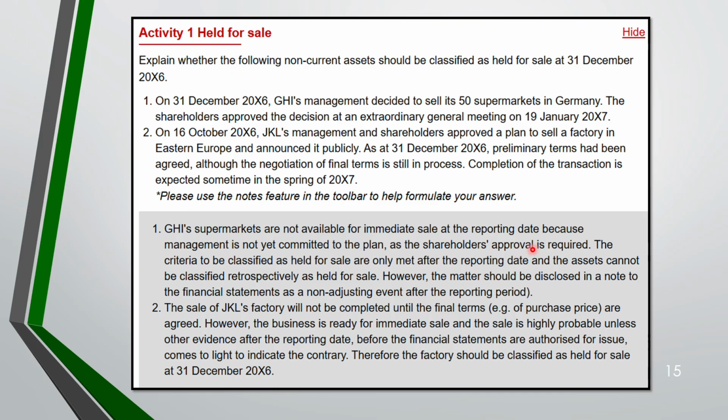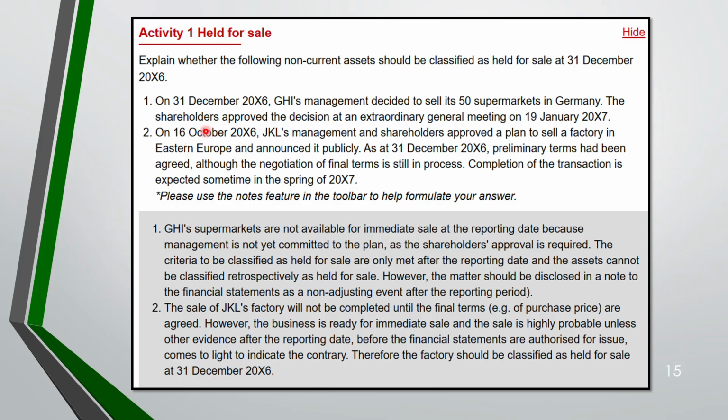They did not get the shareholders' approval. So the criteria to be classified as held for sale are not met, but they are met after the reporting date. So you cannot classify your assets as held for sale at 31st December 2006. But the matter should be disclosed in a note to the financial statements as a non-adjusting event after the reporting period.